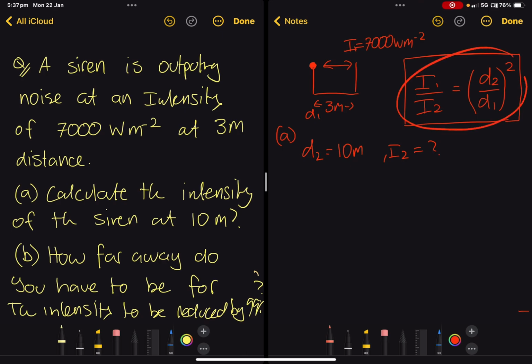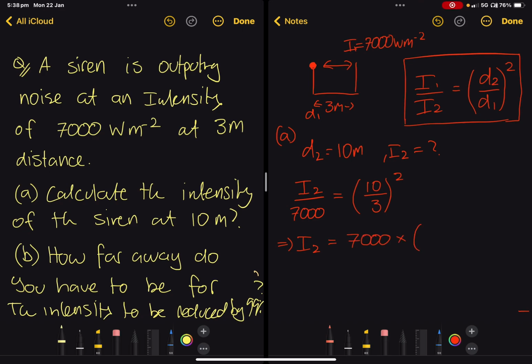So we're going to flip all the numbers upside down. Intensity 2 over 7,000 is equal to distance 2 over distance 1, which is 10 over 3, all squared. Oh no, we've got these upside down.